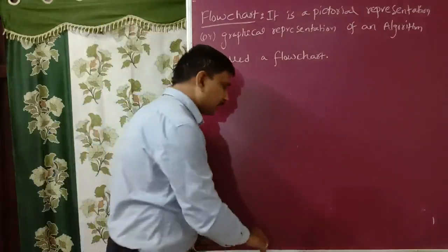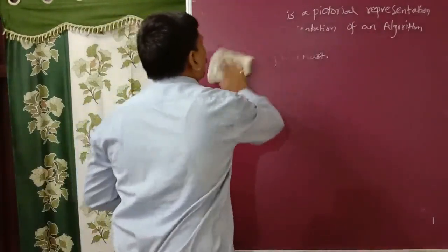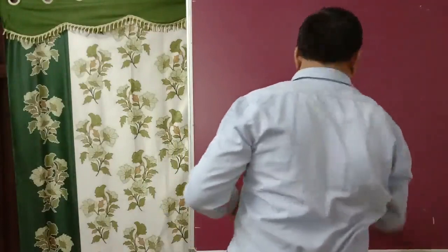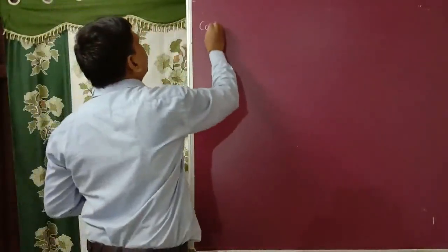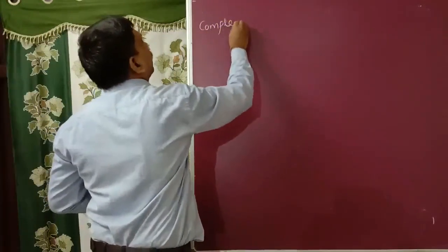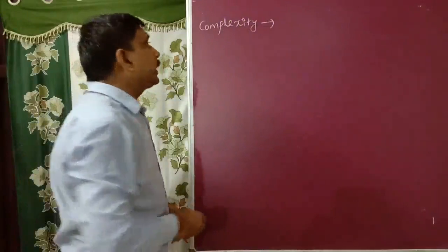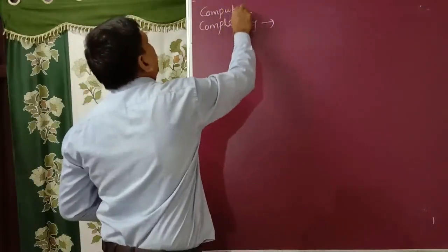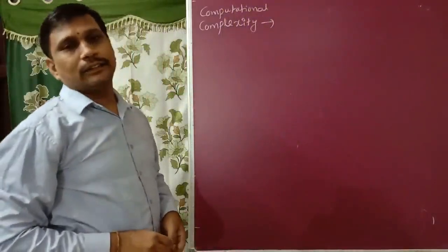After that, what is meant by complexity of algorithms and how to measure it? Complexity means measuring. Computational means calculation.